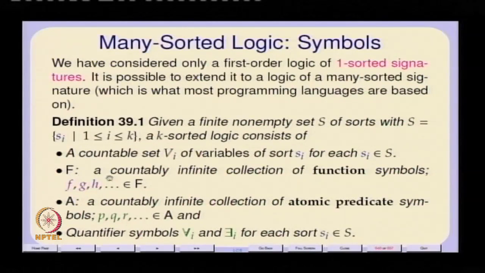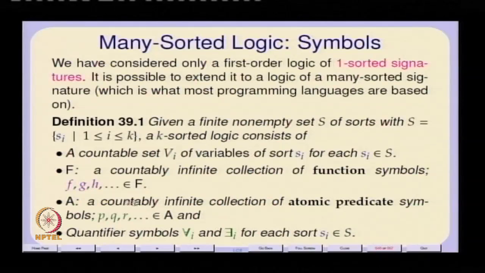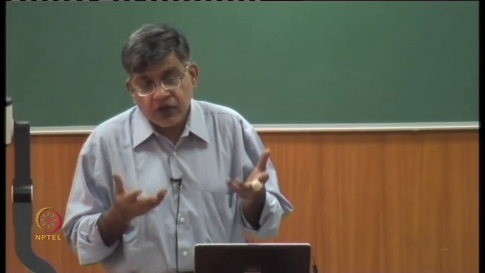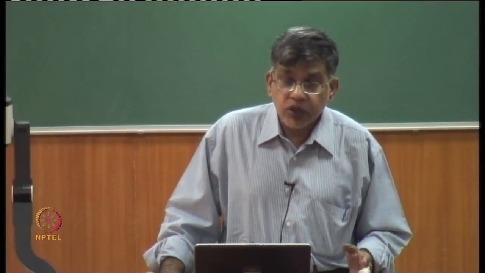And then we have a countably infinite collection of function symbols as we had here, and what we now allow our function symbols to do is something that you will see later. It will allow us to take terms from different kinds of sorts and give you terms of yet another kind of sort. For example, it is possible to take two terms from integers and give you a boolean. The less than relation can also be treated as a function, for example, if you allow booleans as a sort.